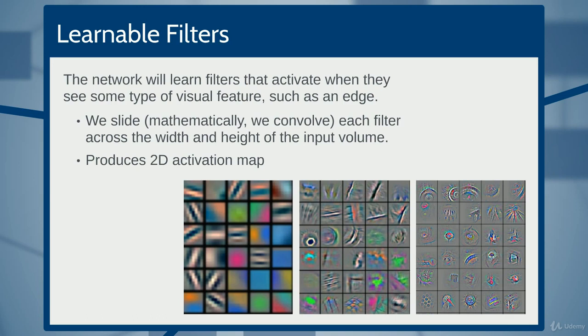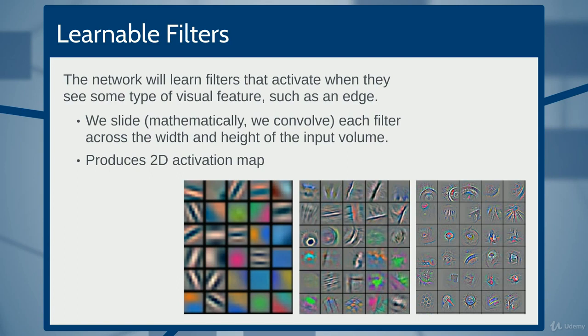During the forward pass, we're going to slide, or mathematically, this is called convolution or convolve, each filter across the width and height of the input volume and compute the dot products between the entries of the filter and the input at any position. As we slide the filter over the width and the height of the input volume, we will produce a two-dimensional activation map that gives the responses of that filter at every spatial position.